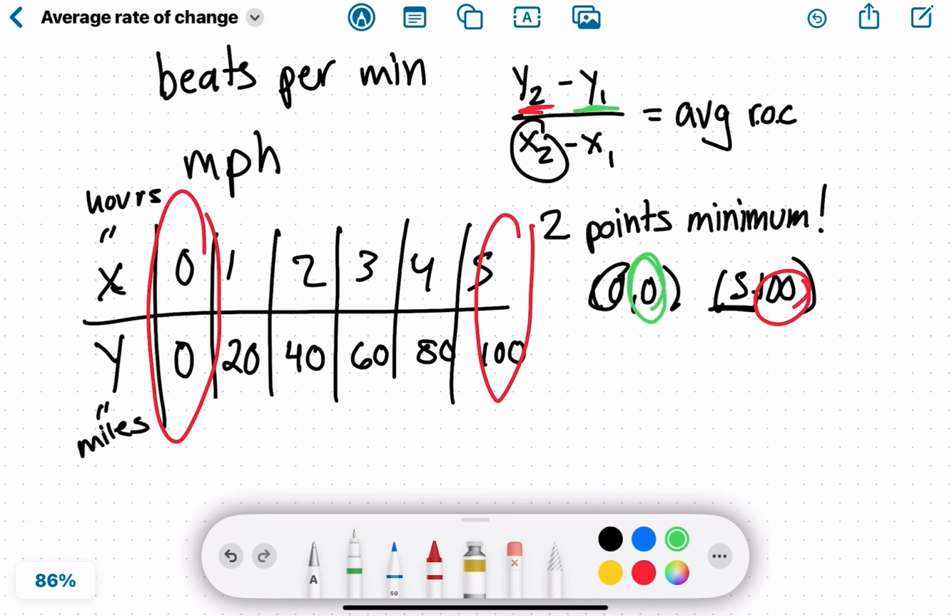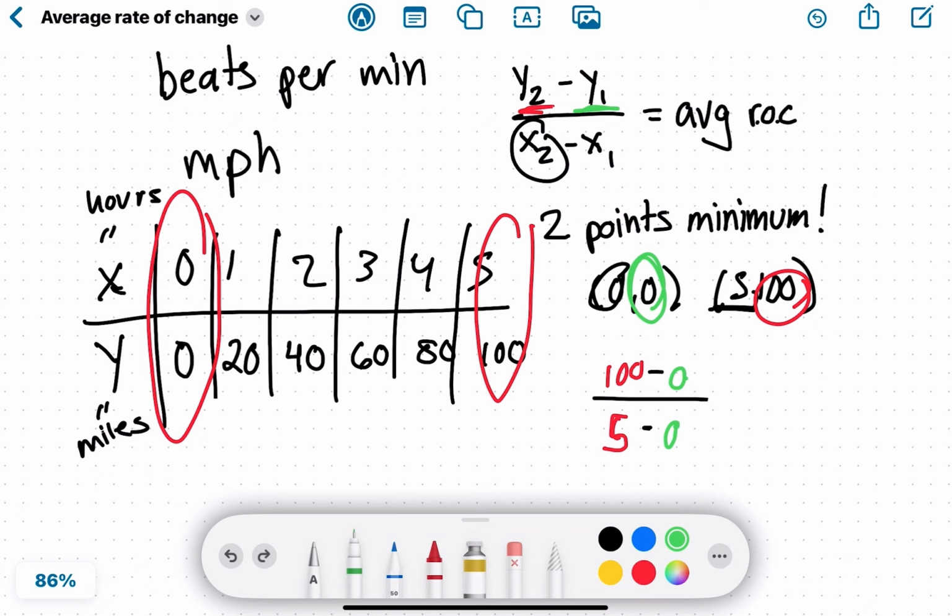A lot of people confuse them, but make sure you know the difference and don't mix it up. So we are going to do y2, 100, minus y1, which is 0. That's going to be over x2, which is 5. And that's going to be minus x1, 0.